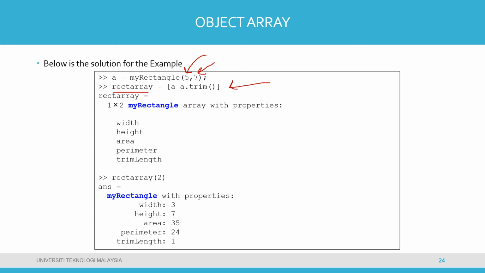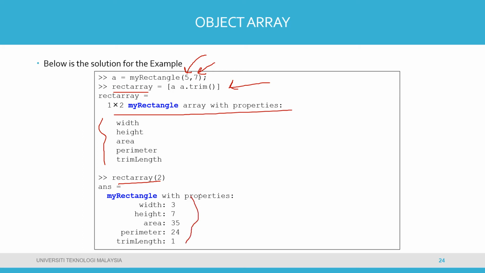Basically you call back the function at the bottom and the properties will become 0 because it is larger than the minimum. Remember the minimum is 4, width minimum is 4, so it cannot run. But if you call back with the rectangle array 2, it can produce the output.